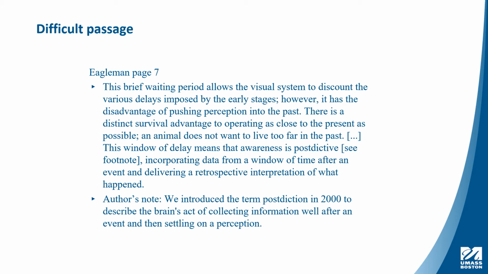Eagleman uses this term postdictive, which he made up. Postdiction is a perception of a past event. What he's saying is that our brains figure out a perception after it's done collecting the information. So we understand something a few microseconds after it actually happens.